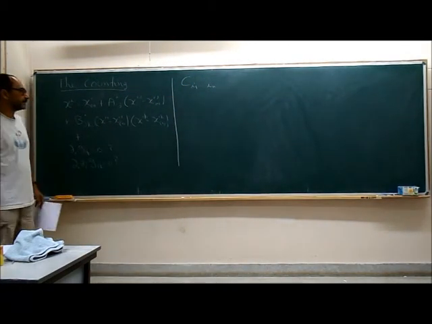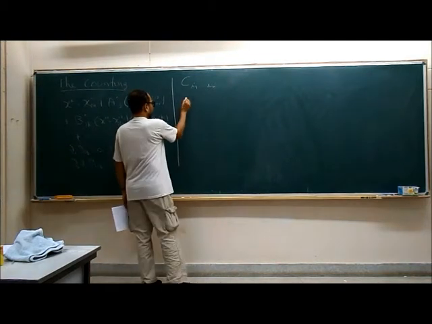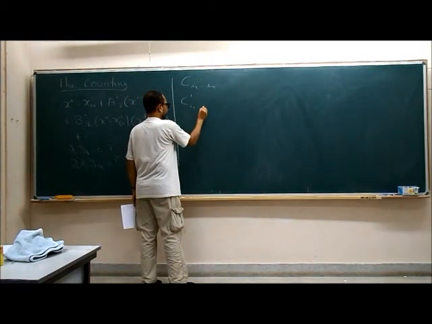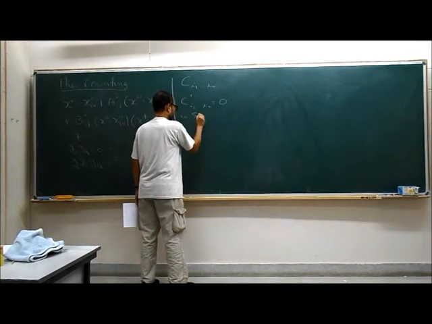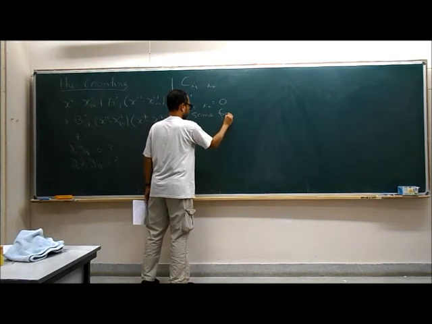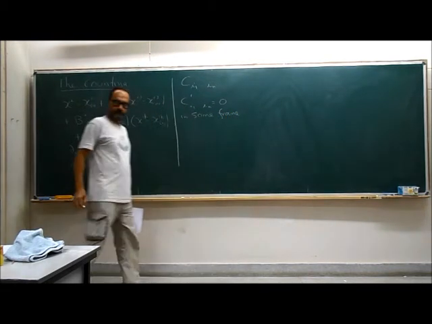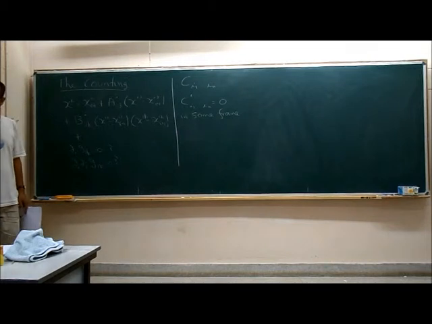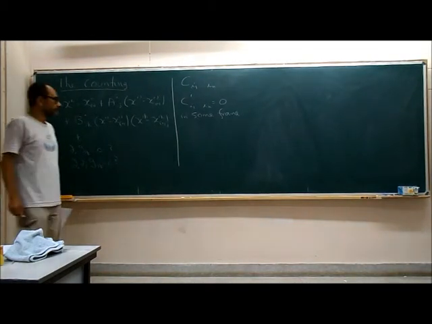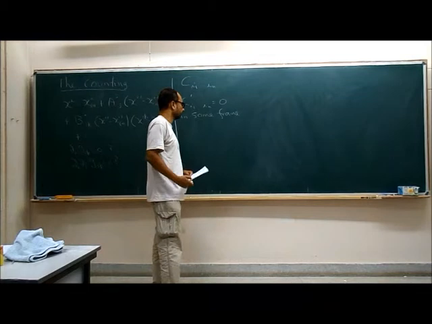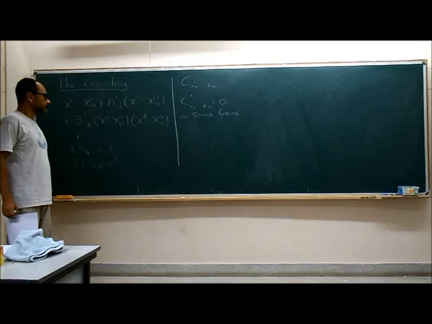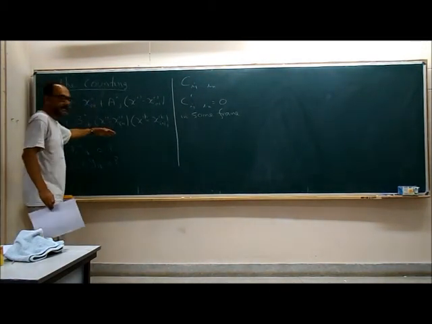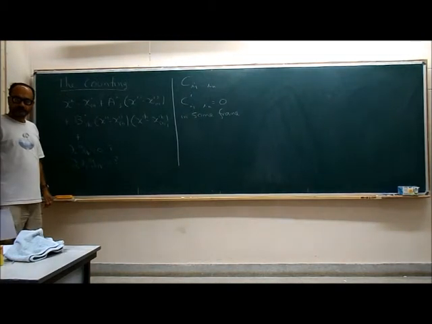So let's suppose we have a tensor c_i1 to in, and suppose that we have managed to make this equal to 0 in some frame, with some choices of A's and B's.